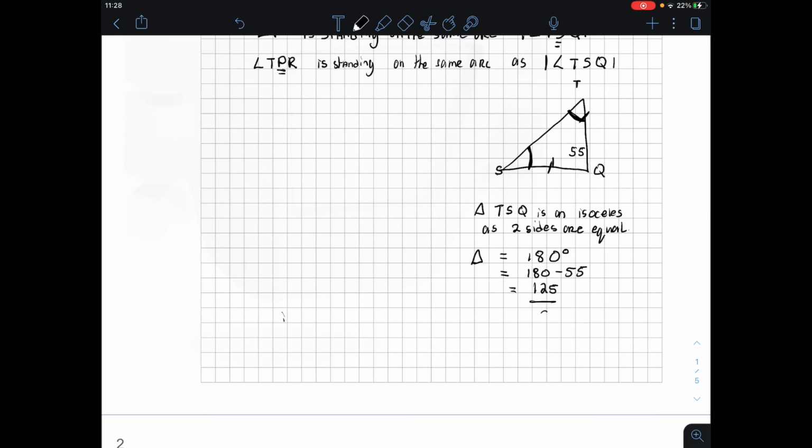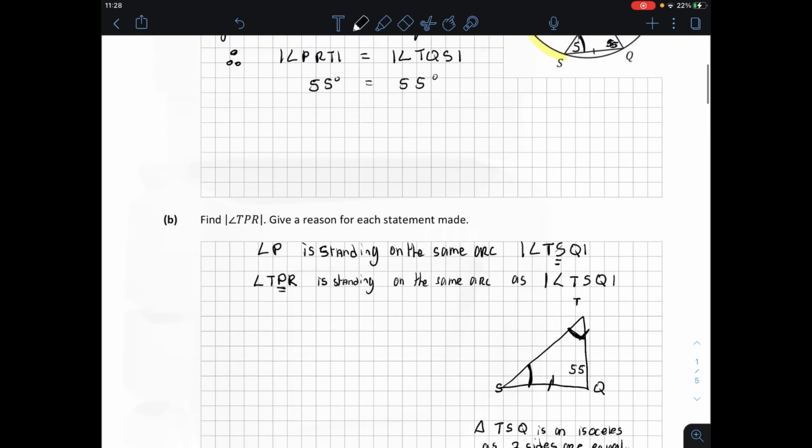And then we divide this value by 2 because our remaining angles are equal, which means that our angle of TSQ and our angle STQ are both equal to 62.5 degrees.